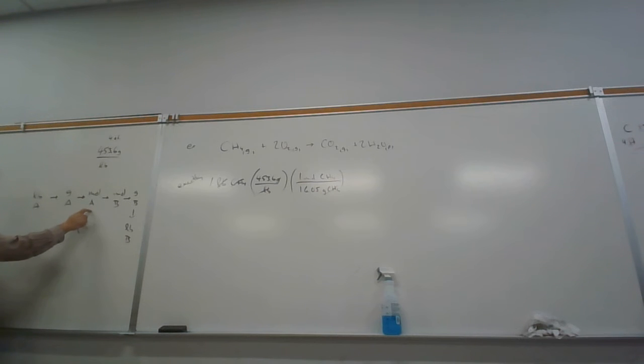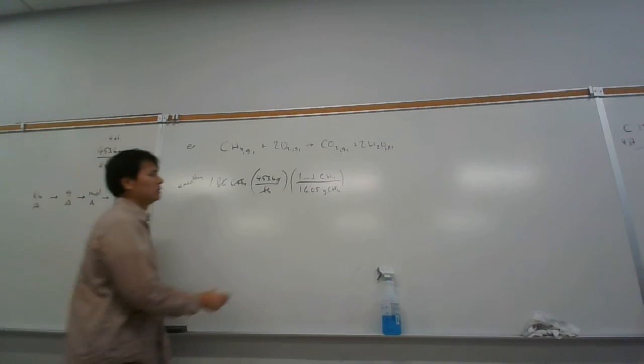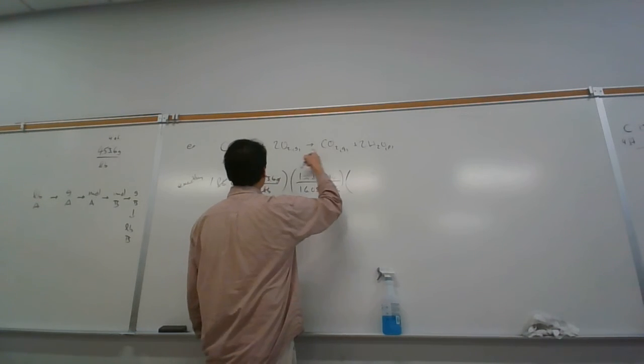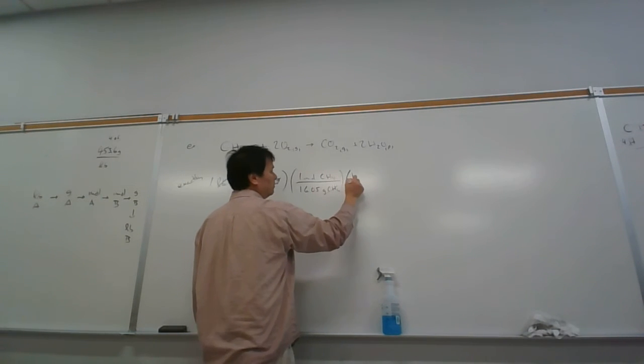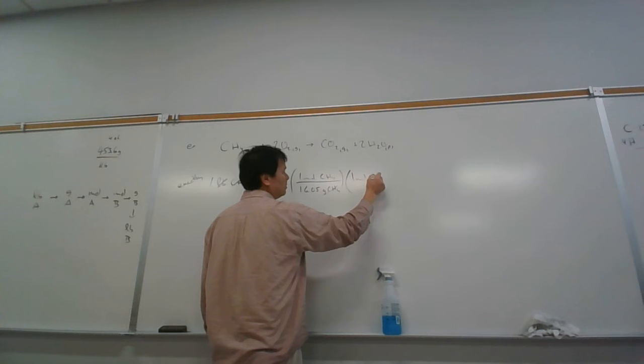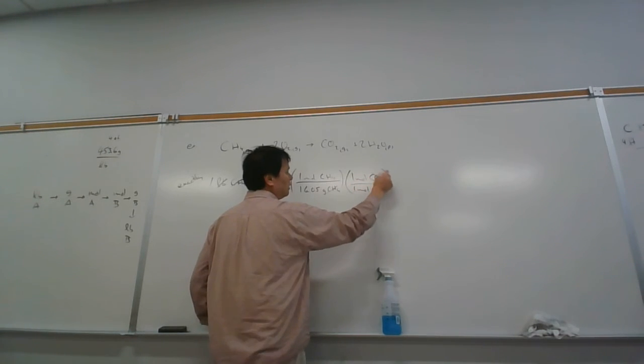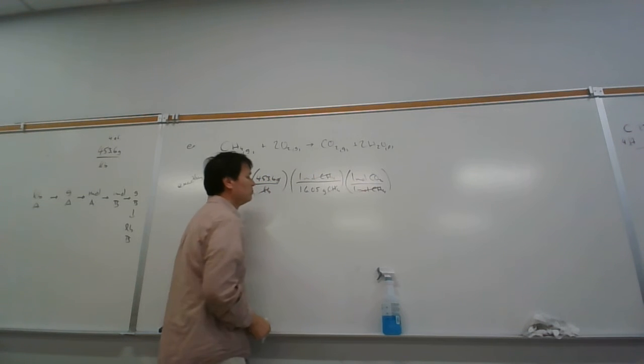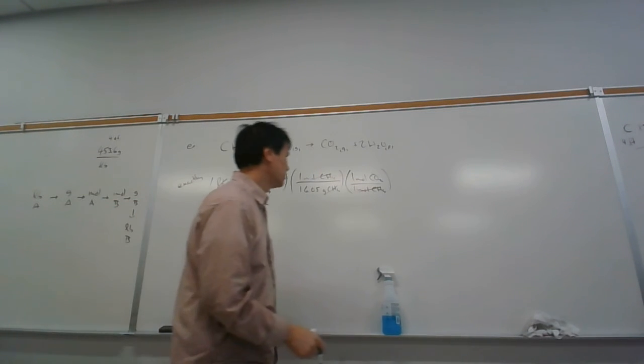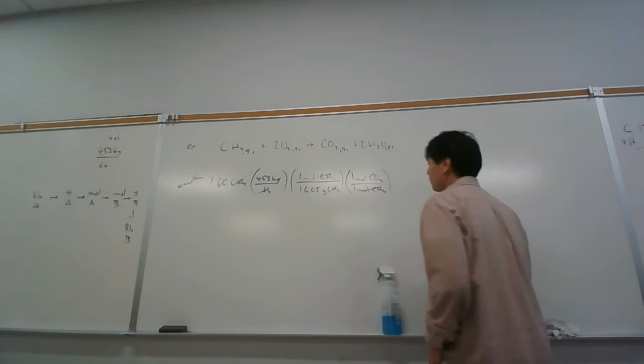And so all I have to do is a mole A to mole B conversion. And so I'm interested in CO2. It's a 1-to-1 mole ratio. And so it's 1 mole of CO2 for every 1 mole of methane. And so I went from moles of A to moles of B, moles of B being CO2.